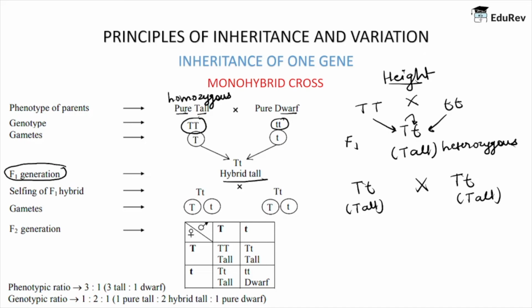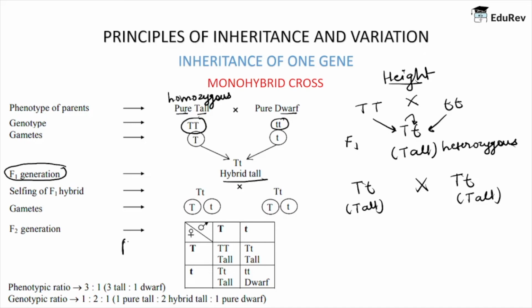So after crossing them, he saw that some plants were tall. Yes. But one plant came dwarf. So he got surprised how come one plant is becoming dwarf and others are tall? Because I have crossed two tall plants. So he used some statistical formulation in the form of a Punnett square.